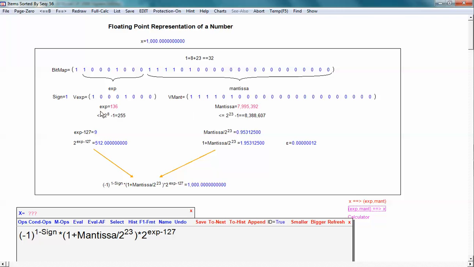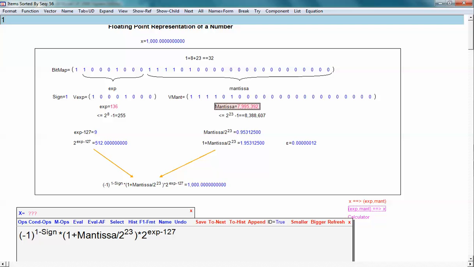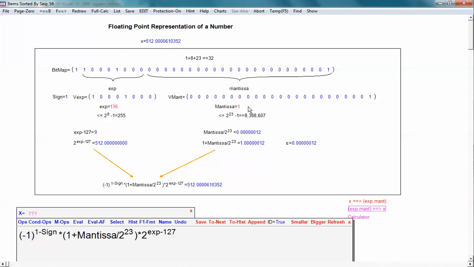Now I can put in whatever input I want here. Let's suppose my mantissa ends up as just 1. Notice what that means in terms of the bitmap. There's just a 1 here at the end. And if I divide it by the 2 to the 23rd, I get this thing here.